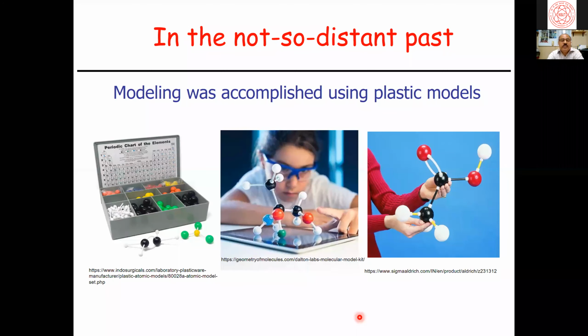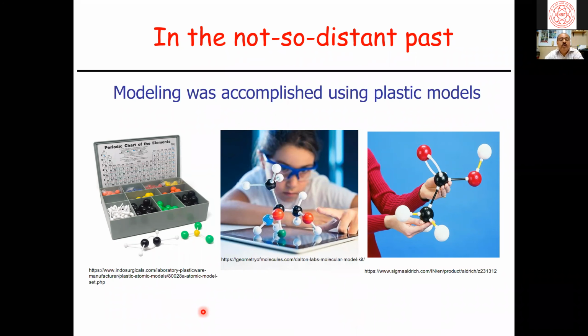using plastic models, not so distant past, at least when we were studying biophysics or doing undergraduate studies with Professor T. P. Singh at AIIMS almost 25 years back. We used to study big models while understanding molecules. We used to have these plastic models.